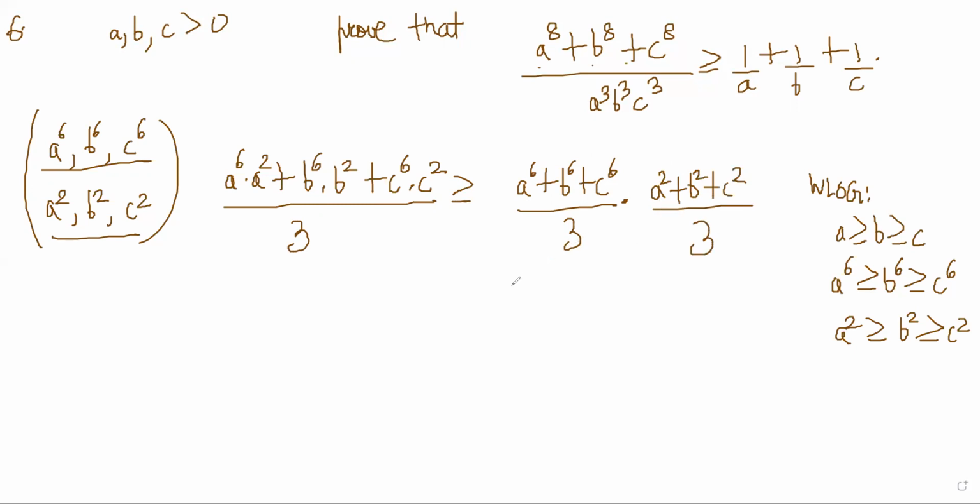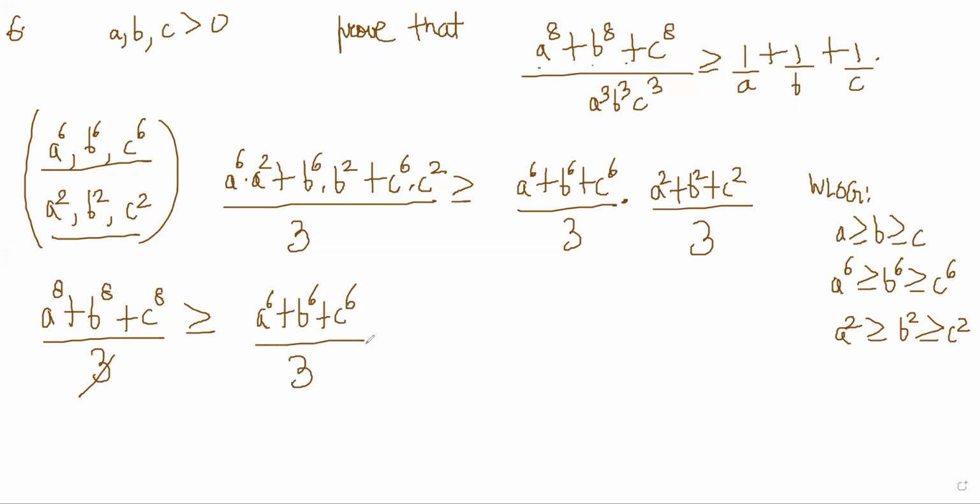This is what we get, correct? Okay, so this left hand side becomes (A power 8 plus B power 8 plus C power 8) by 3 is greater than or equal to, and I will cancel the 3. A power 8 plus B power 8 plus C power 8 is greater than (A6 plus B6 plus C6) by 3 multiplied by (A square plus B square plus C square), right?